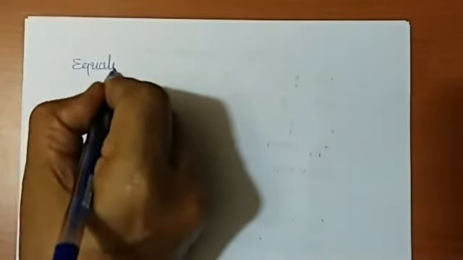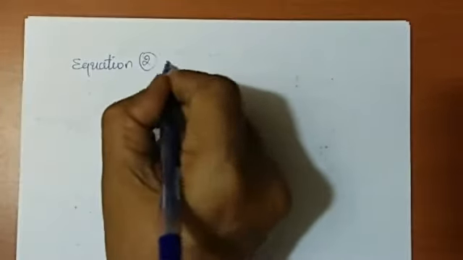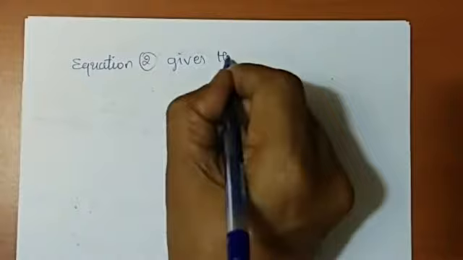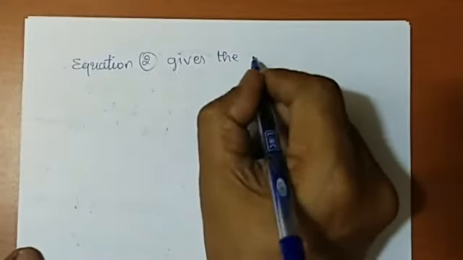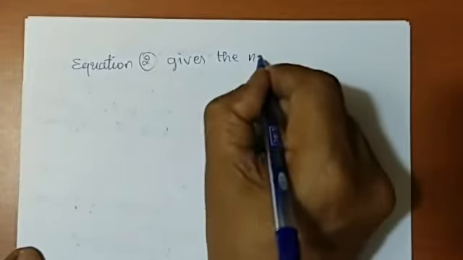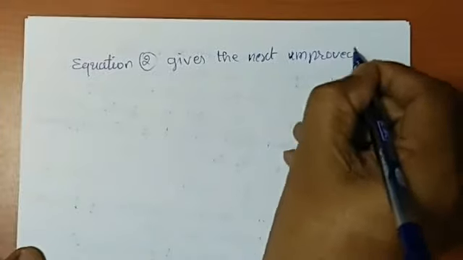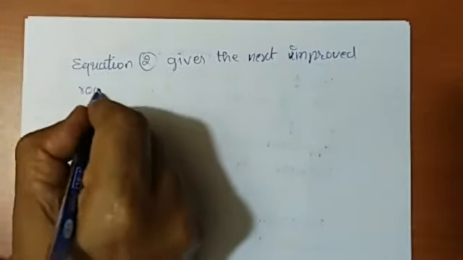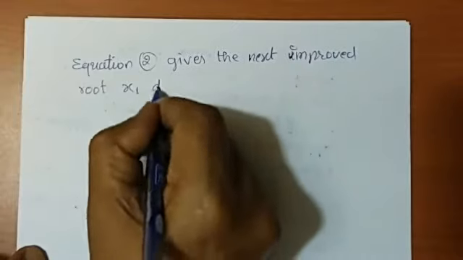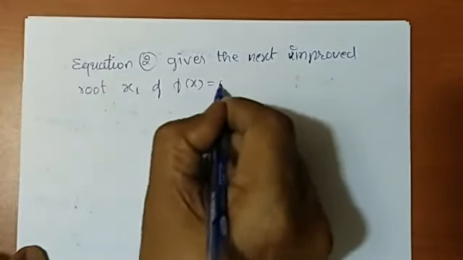Equation 2 gives the next improved root x1 of f of x is equal to 0.